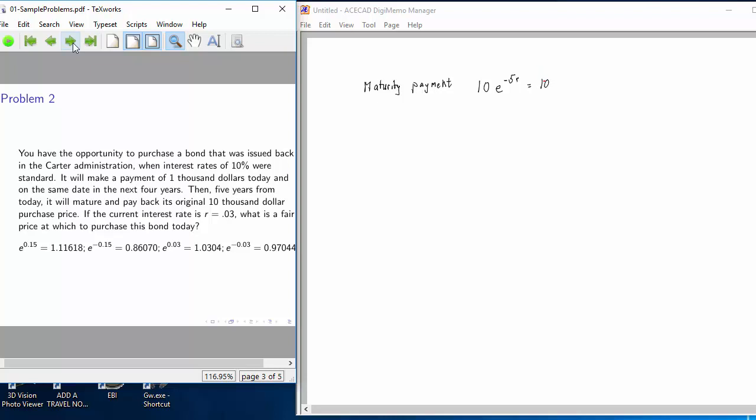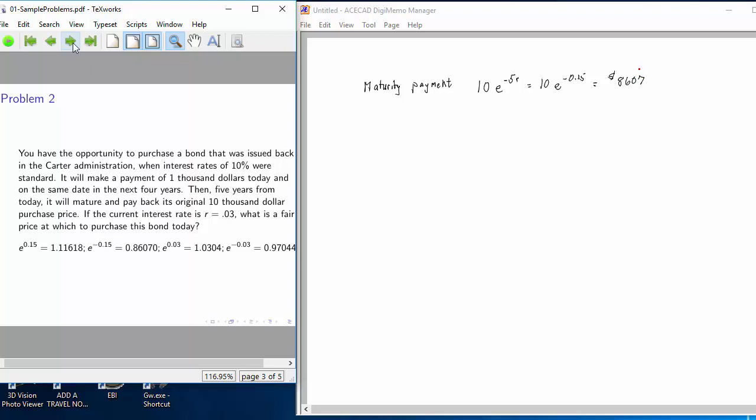So I have to discount by a factor of 3% times 5 years. And when I threw this into my calculator, it turned out to be worth $8,607.